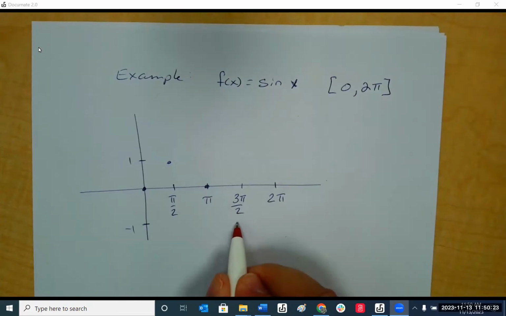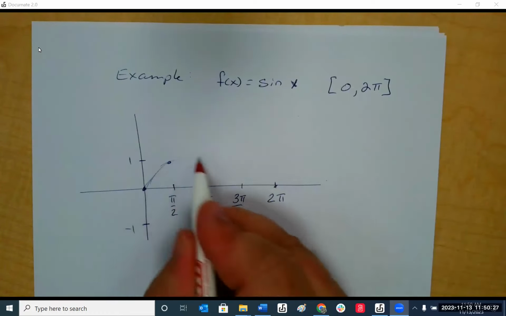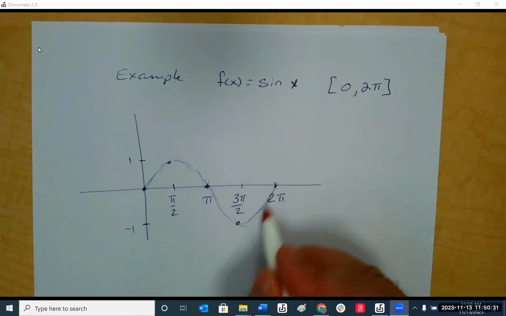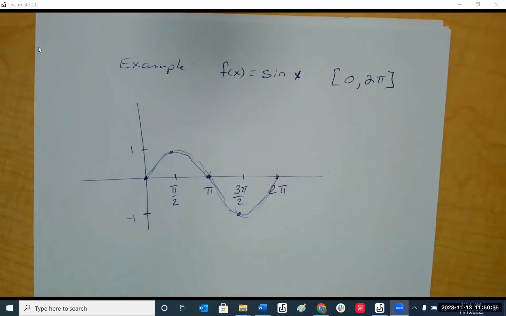At 3 pi over 2? You can see what the area is going to be of this function.